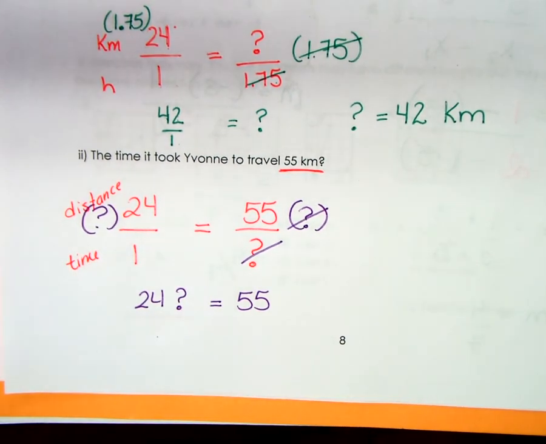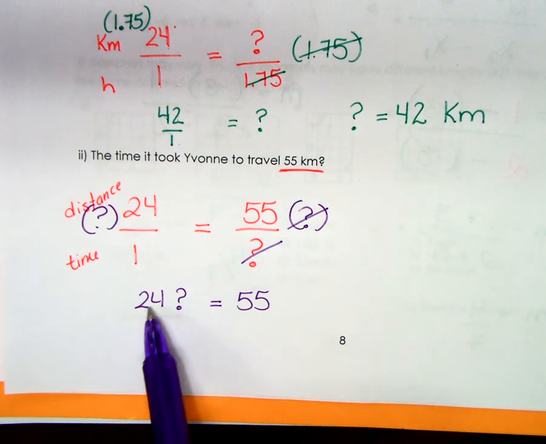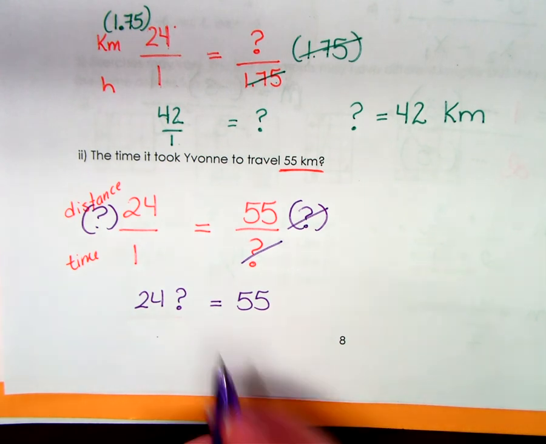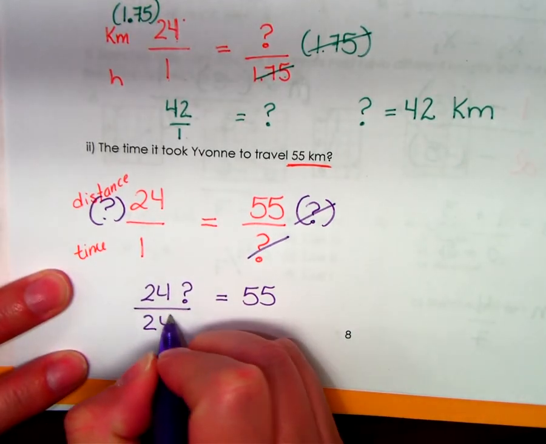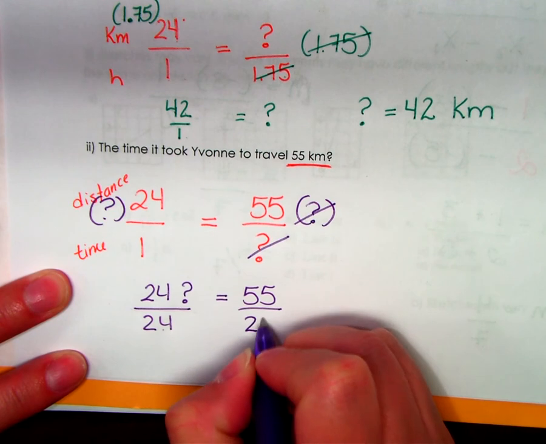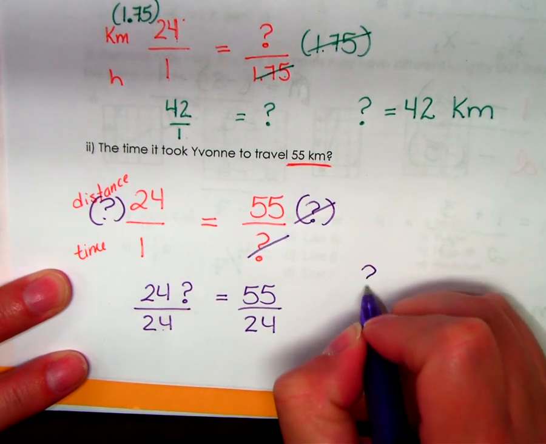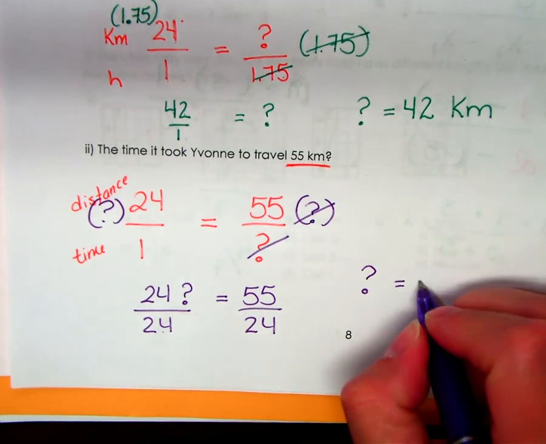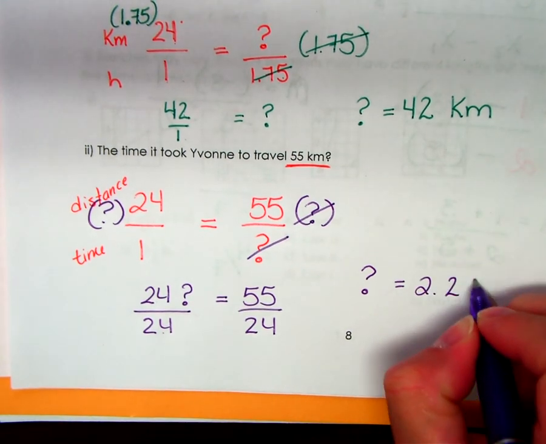So I want the question mark by itself. What's happening between the 24 and the question mark if nothing's stated? Multiply. So how do I get rid of the 24 if they're multiplied? Divide by 24. So question mark is equal to 55 divided by 24, which is 2.29.